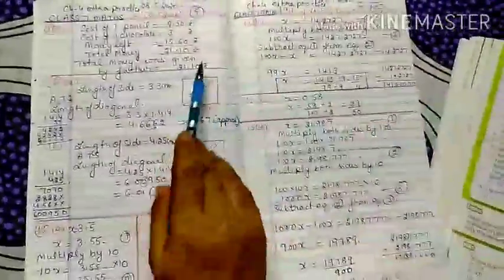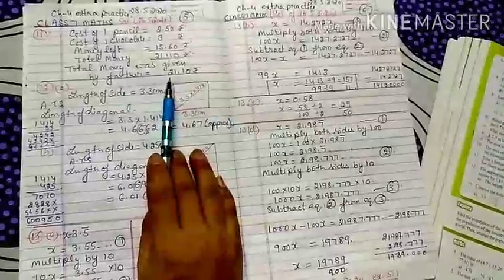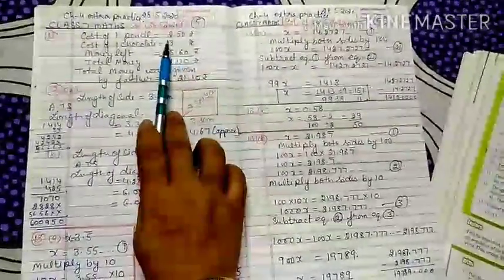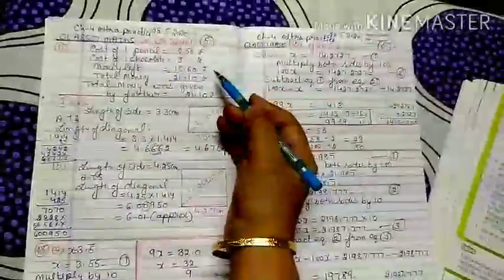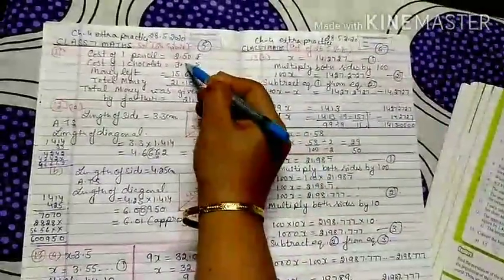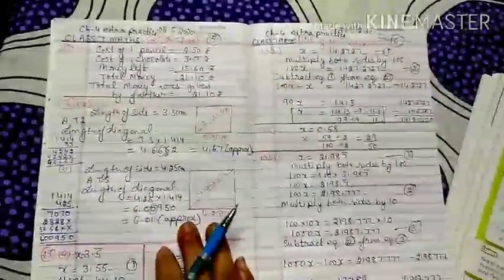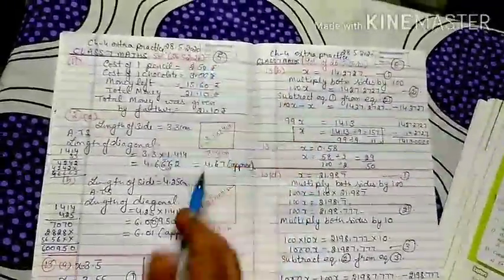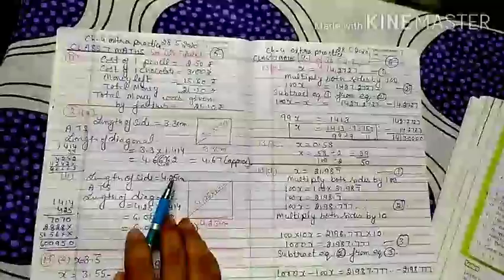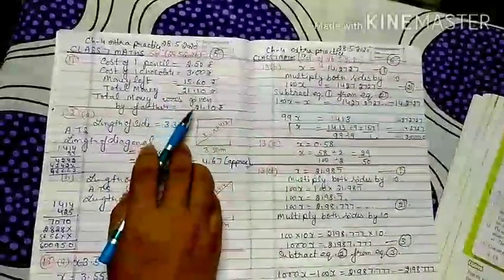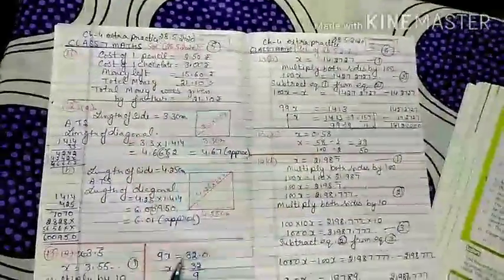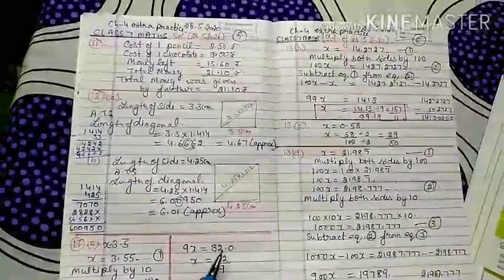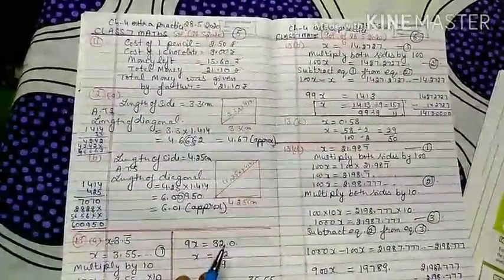So you have to add all of this: the money left, the cost of one pencil and the cost of one chocolate. 2.50 and 3, where nothing is written, so that means there is a decimal. Now when you add this, 5 plus 6 is 11, 1 carry forward, 6 plus 5 is 11, 1 carry forward, and the total is 21.10 rupees. The total money given by her father is 21.10 rupees.